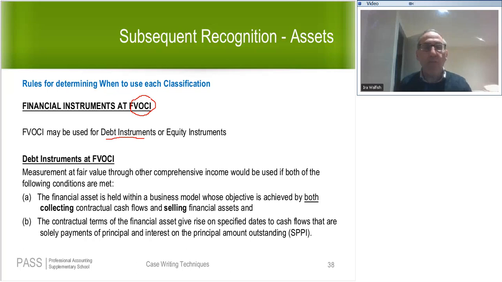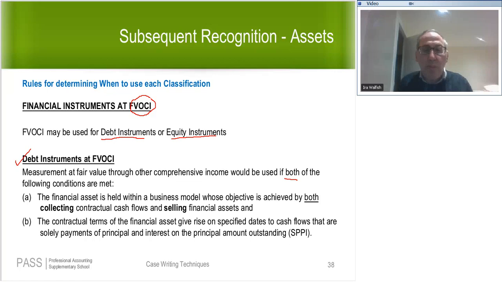The accounting is not identical for both debt instruments and equity instruments, so I'll deal with each of them individually. Let's start with debt instruments. Measurement at fair value through OCI would be used if I meet both of the following conditions. Condition number one, the financial asset is held within a business model whose objective is achieved by both collecting and selling financial assets.